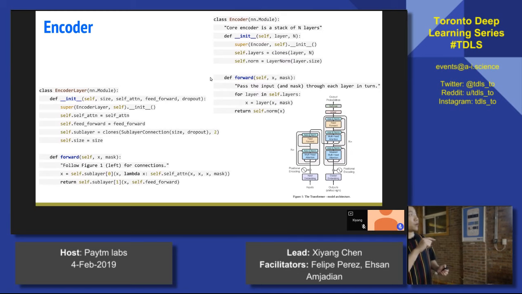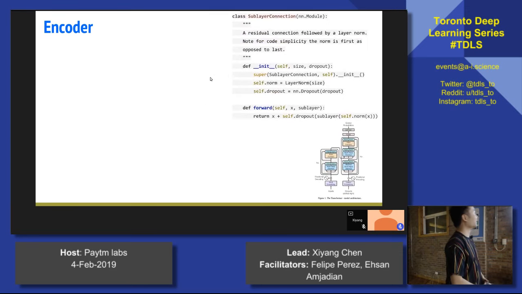You store all the layers, use the clone method to clone them n times, and then iterate over them. This x keeps changing: every time x becomes a new value and gets fed into the next layer, and you get a new value of x. And then to answer your question, what is the sublayer?